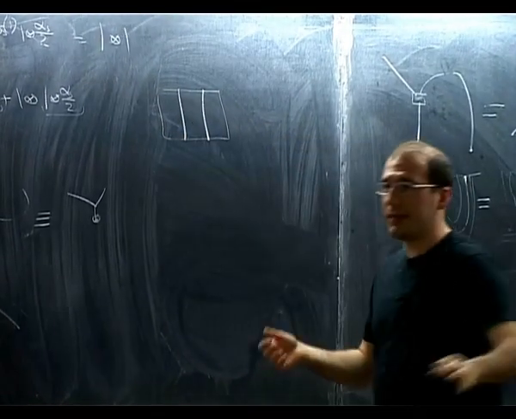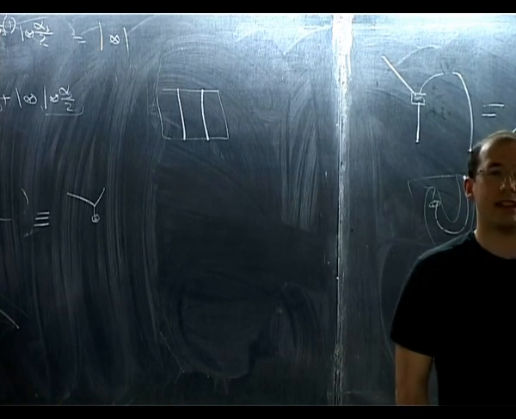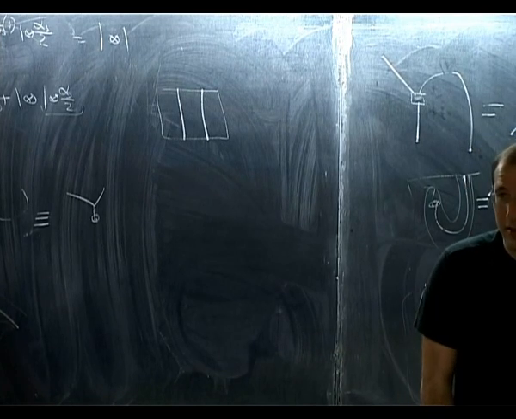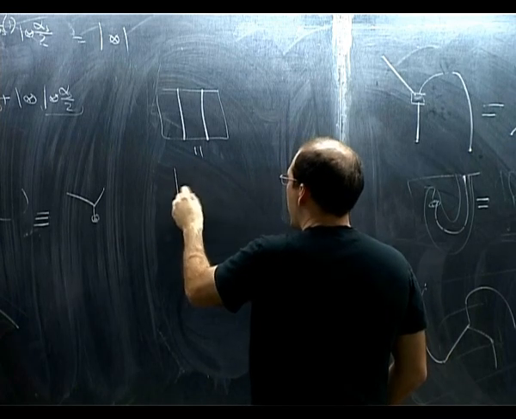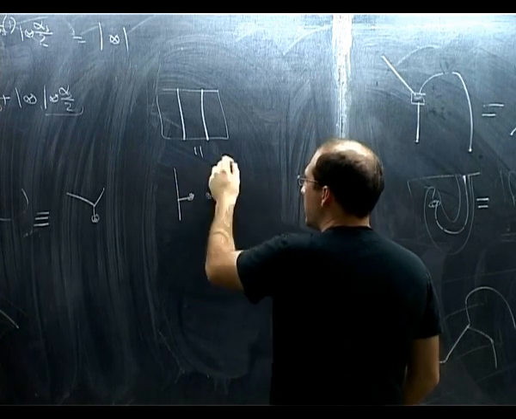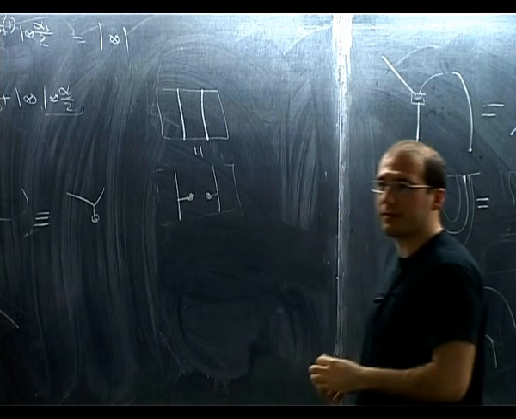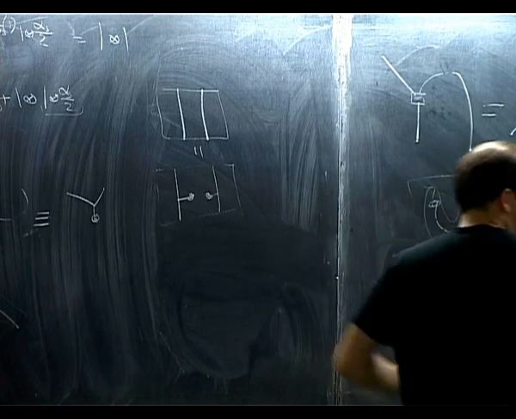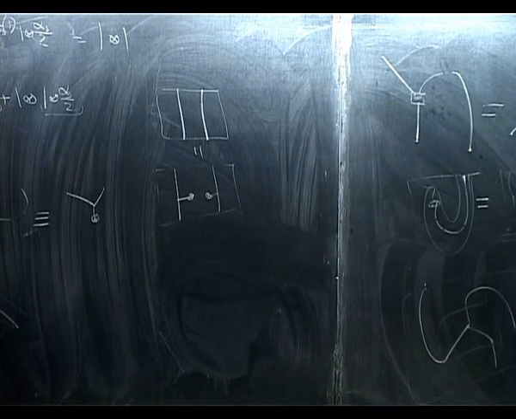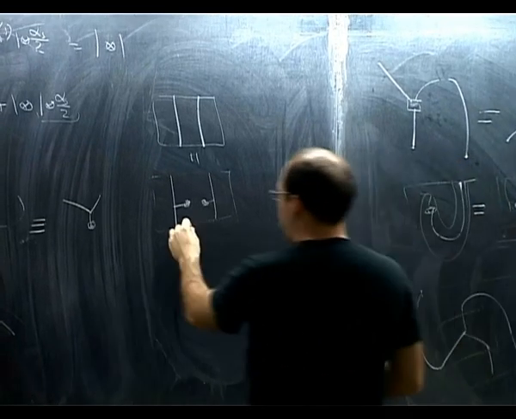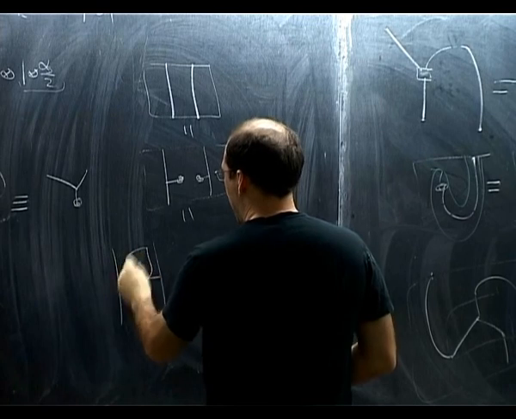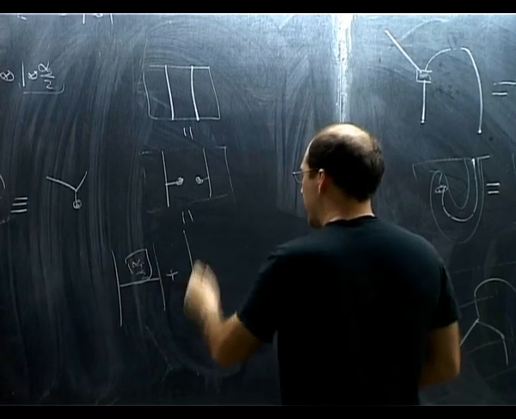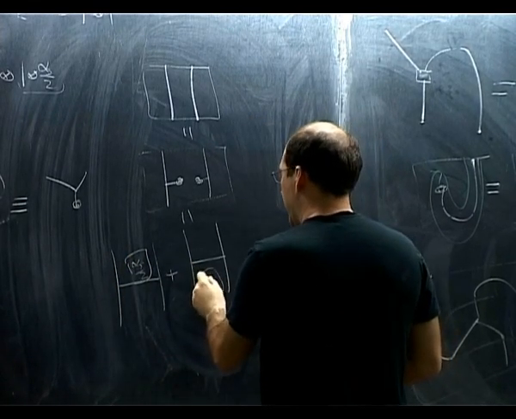This diagram here is the identity of BS tensor BS. Okay? But I can use the unit axiom to bring some little dots out here. And then I can take this thing and tilt it 90 degrees and apply that. So I get an alpha S over 2 plus alpha S over 2.